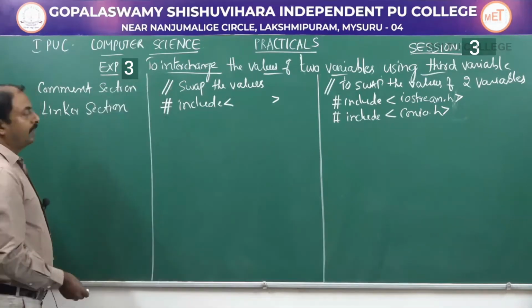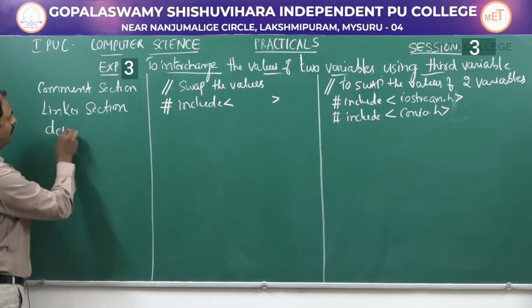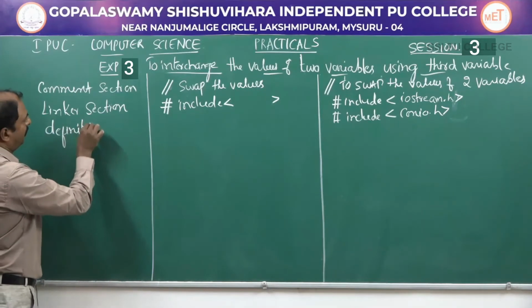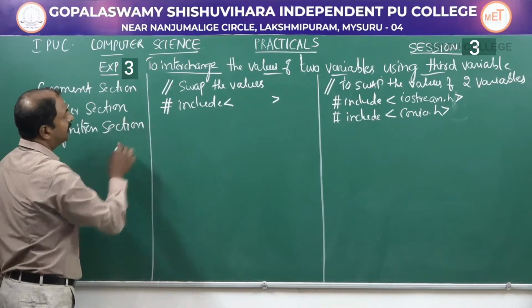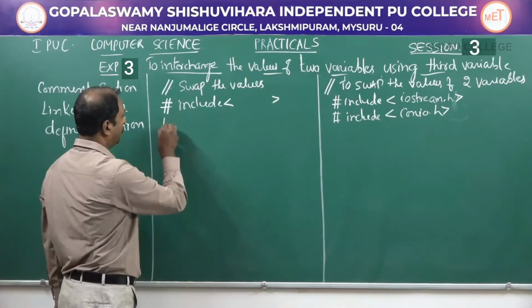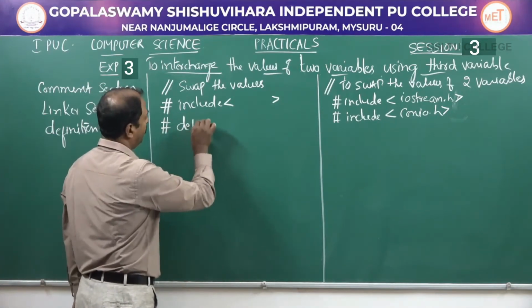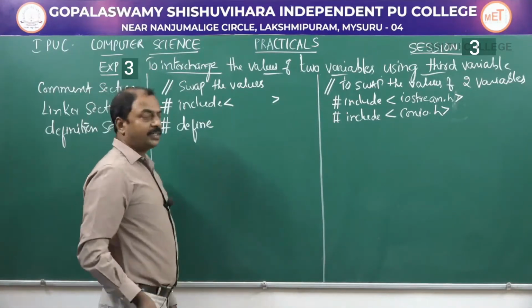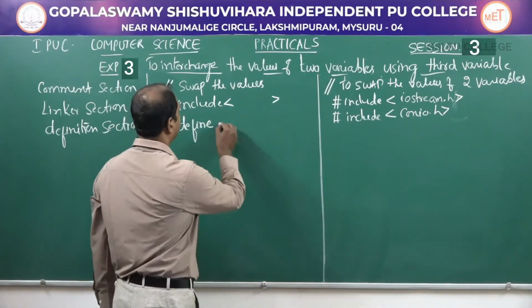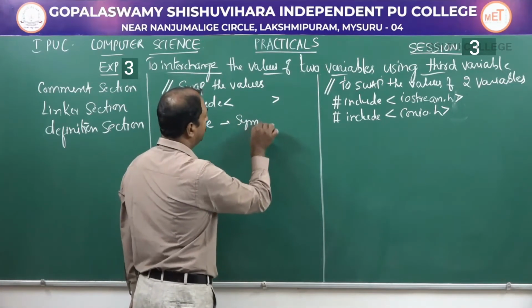Next one is definition section. This section starts with again hash and a reserved word define, and this define section is used to define the symbolic constants in a program.